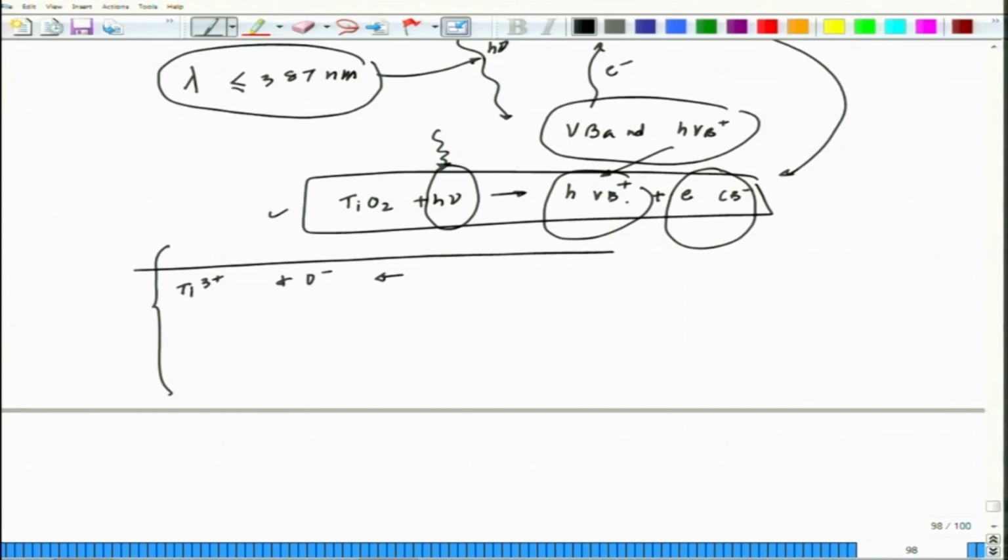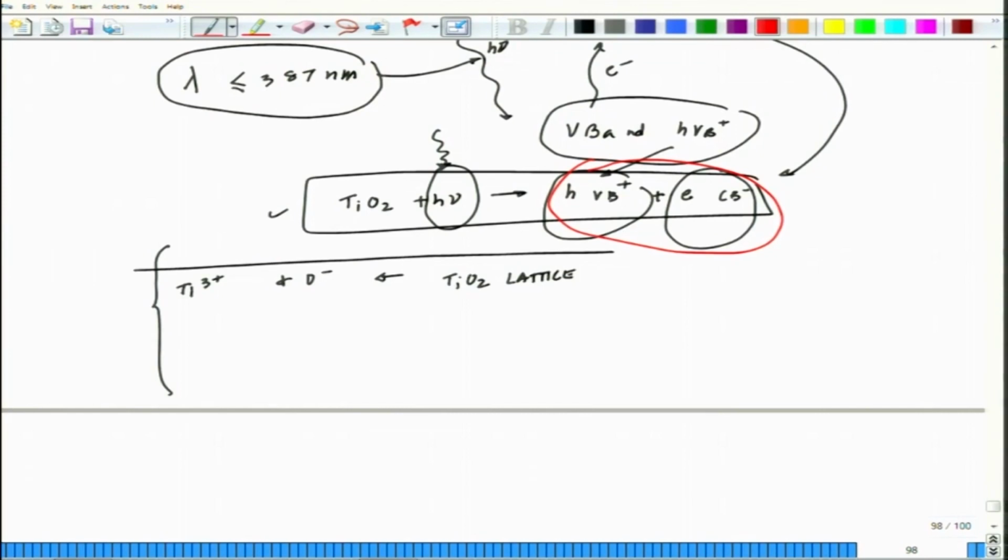The charge carriers can be trapped as Ti3+ and O- defect sites in the TiO2 lattice, or they can recombine, dissipating the energy, and this is another problem. You have to prevent that recombination. Alternatively, the charge carrier can migrate to the catalyst surface and initiate redox reactions with adsorbate.